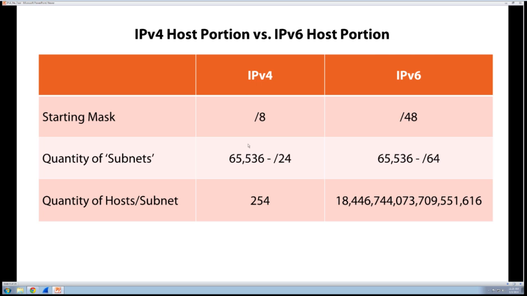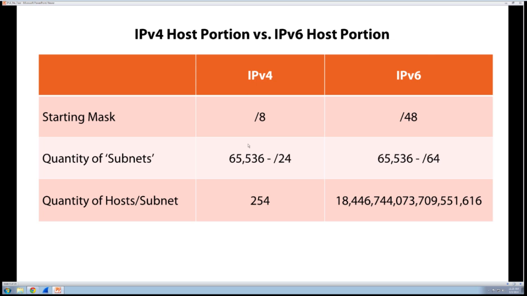If my starting mask for an IPv4 address was /8, so we have a class A address, 10.0.0.0/8, the number of /24 subnets I can get from that is 65,536. I have 16 bits to work with there to get my /24s. The problem here is that only gives me 254 host addresses for every single IPv4 network.